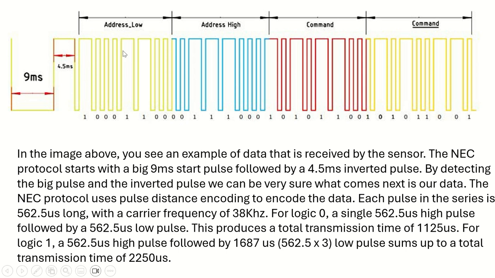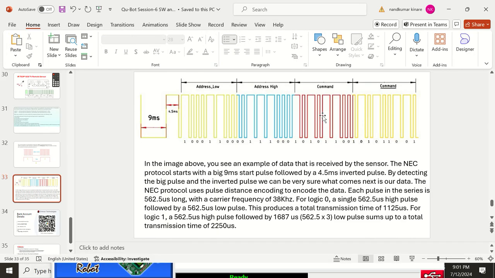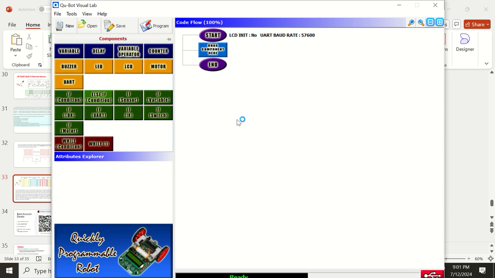And what do you mean by protocol? A protocol consists of an address field, a data field, there may be a start bit, there may be a stop bit, so this whole thing is called a frame. Whenever you press a button, one particular frame will be transmitted. While receiving, your receiver has to decode this and find out the meaning of it, and then accordingly you can do some action.